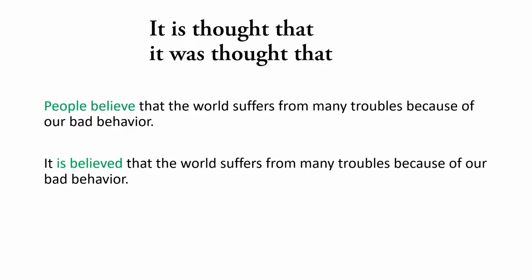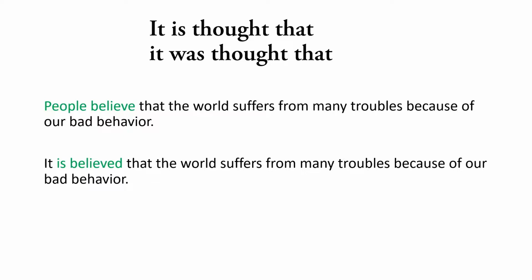Okay? So look at this type of sentence. People believe that. So it is a that clause. People believe, this is a noun phrase, that the world suffers from many troubles because of our bad behavior.